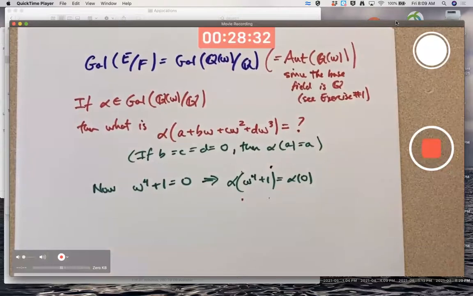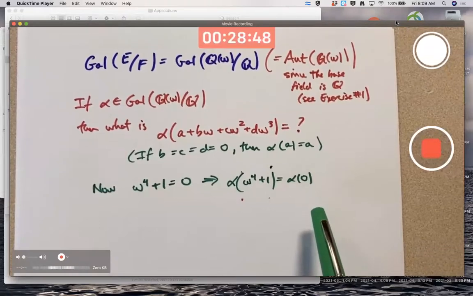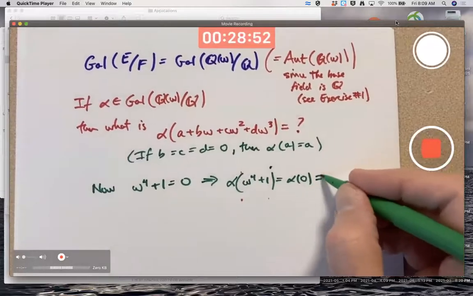Alpha is a function, right? An automorphism of Q(omega), so it's an isomorphism from Q(omega) to itself. It's one-to-one and onto and operation preserving. We know from way back in chapter 6 about isomorphisms, and even homomorphisms in chapter 10, that they map the 0 element to the 0 element.